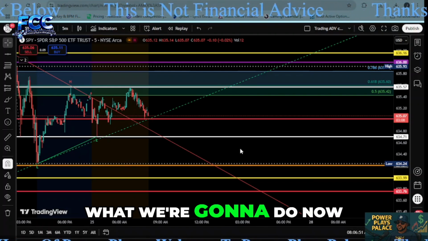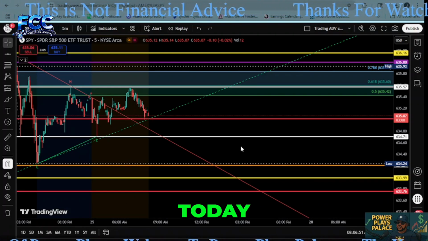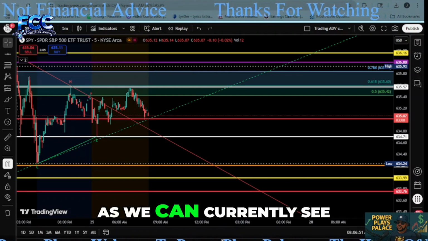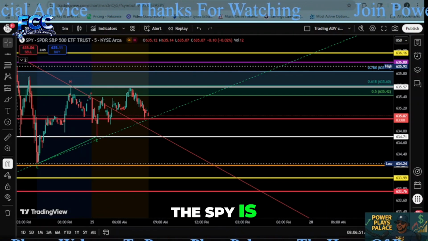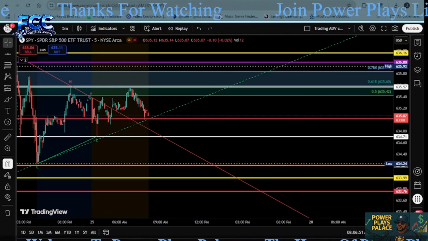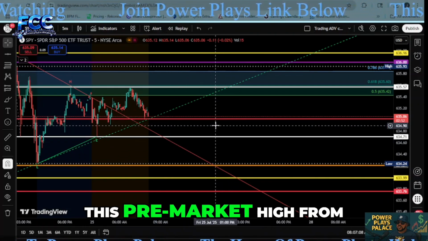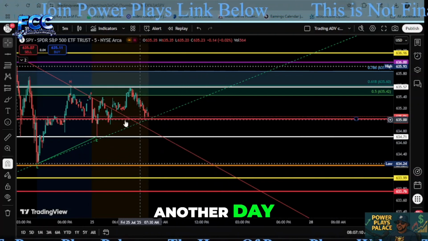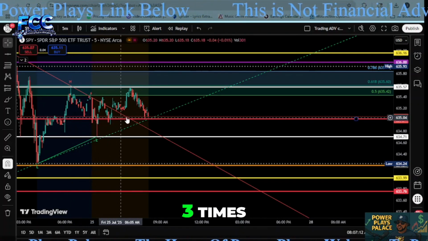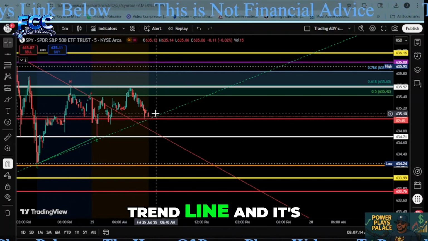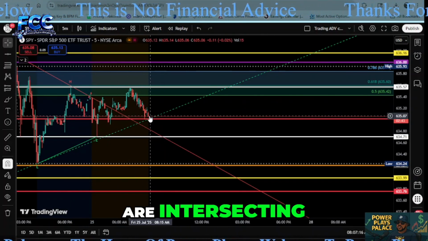So what we're gonna do today, as we can currently see, the SPY is right here back at this pre-market high from another day. It's respected it 1, 2, 3 times, and it's at the trend line. These two spots are intersecting.